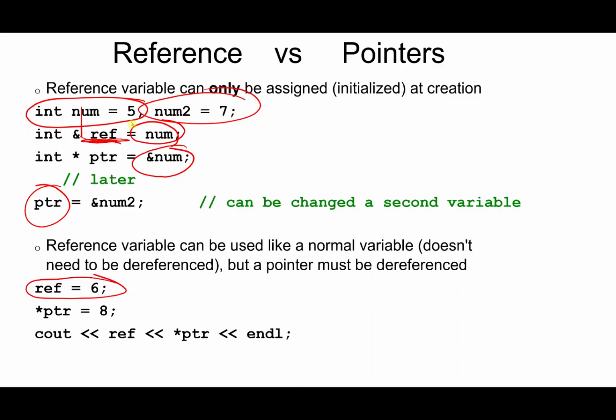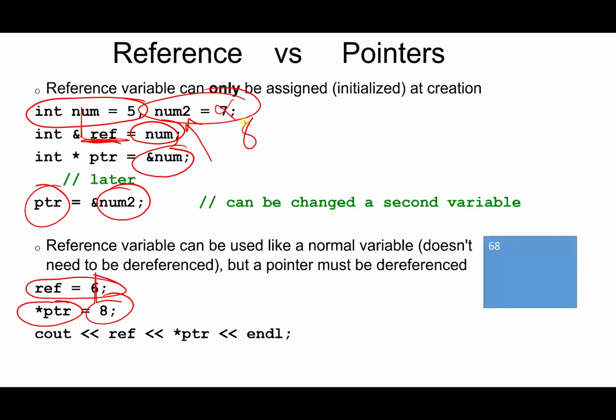And if PTR is now pointing at num2, when we do asterisk PTR equals 8, num2's value is being changed to 8. Here it is.